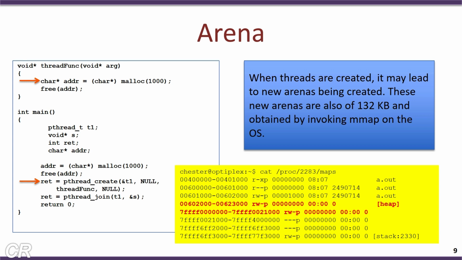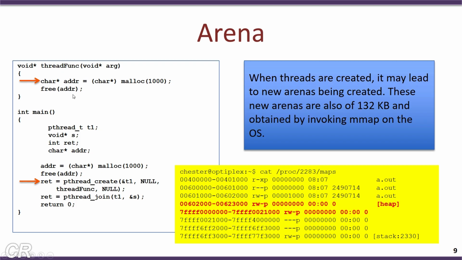The operating system would then allocate another 132 kilobytes for that particular thread. So every malloc and free in this thread function will use this newly allocated region, right?